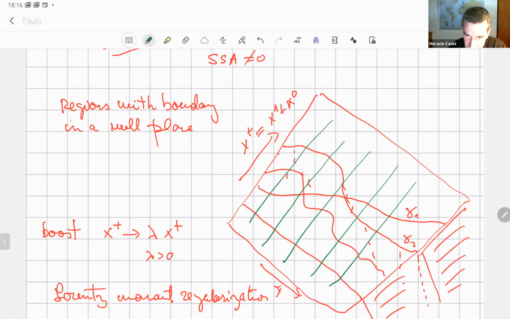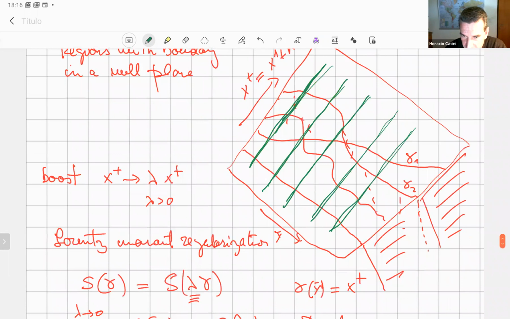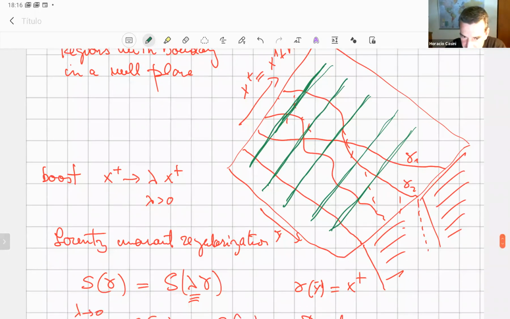In a free theory, you can describe the vacuum state reduced to the null surface itself, and you have a tensor product of states for different lines. For an interacting theory, this is not really correct. It's a nice way to think about it, but it's not correct mathematically, because there is no algebra reduced to the null plane itself. So the best way to say it is just that the strong subadditivity saturates, and that's it.